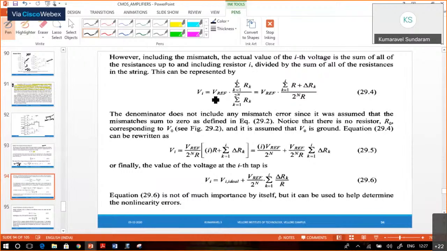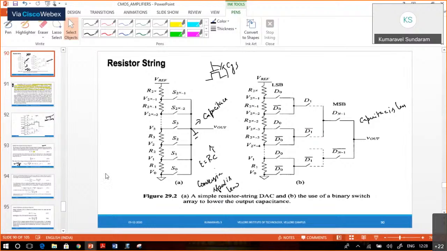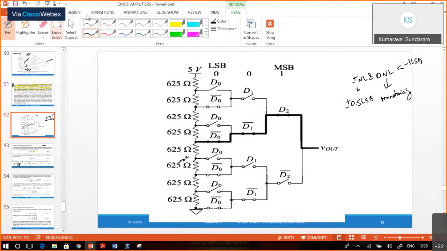So VI equal to Vref into sigma k equal to 1 to I of Rk, divided by sigma k equal to 1 to 2 power n of Rk. For a particular voltage, in the numerator these three resistances with their mismatch will be taken, divided by the mismatch available in all the resistors.